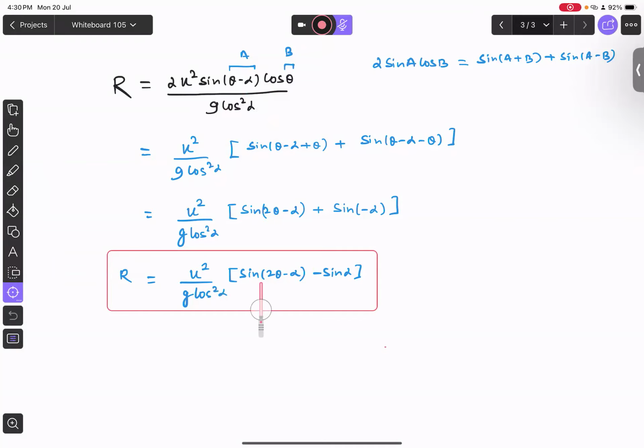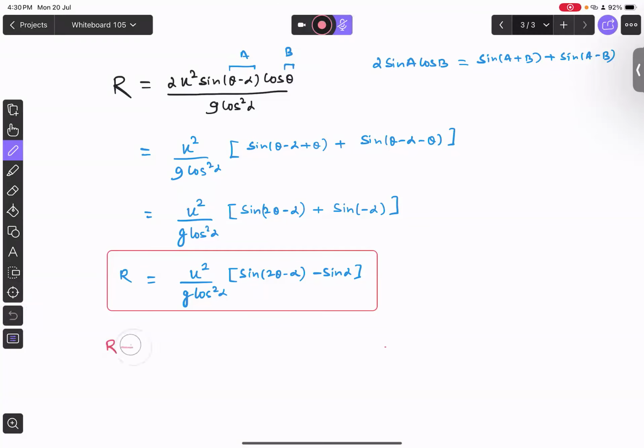But in this result, only this term will vary. And this sin(2 theta minus alpha) term is directly proportional to the range. So whenever that term is maximum, range will be maximum. That was the reason to write the result like this.